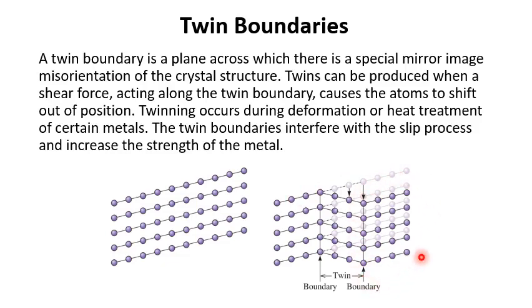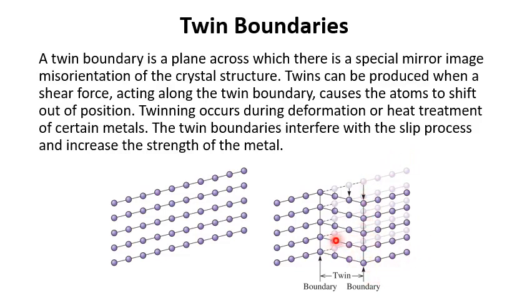to a new position. The boundary between the atoms in the new position and the atoms in the initial position is called the twin boundary. As we can see here, these are the atoms with the initial position, and these are the atoms with the new position after shifting.